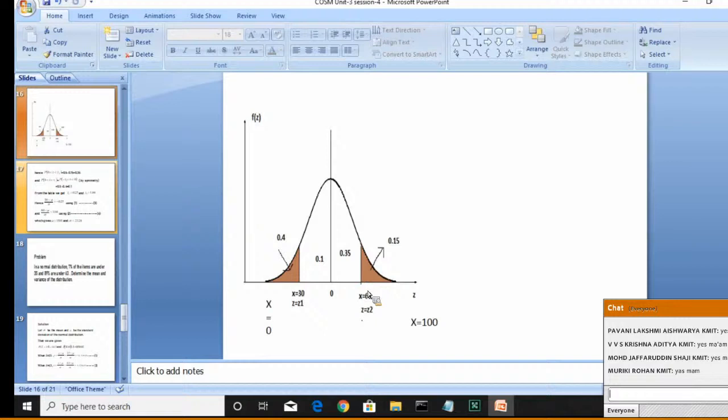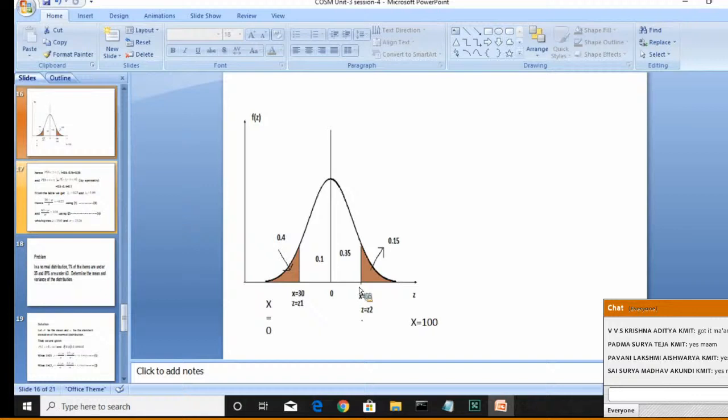So they have told greater than or equal to 60 is 15%, which means this part area is 0.15. Less than 30 is 40%, they told that area is 0.4. Is it clear? 0.15 and 0.4 which I have written. Yes or no, all of you? Yes.